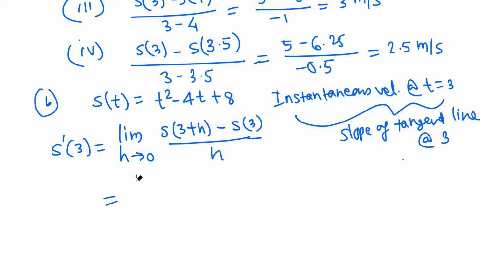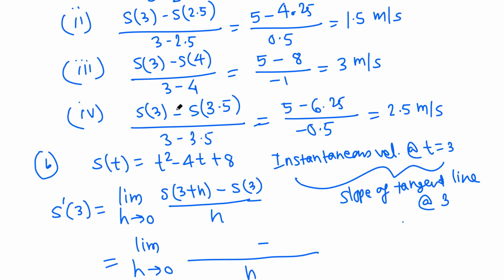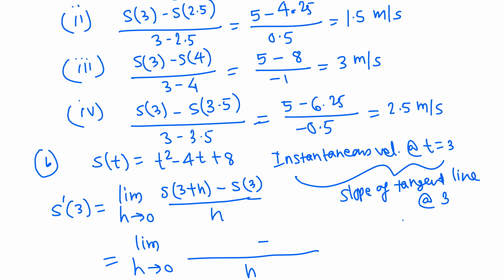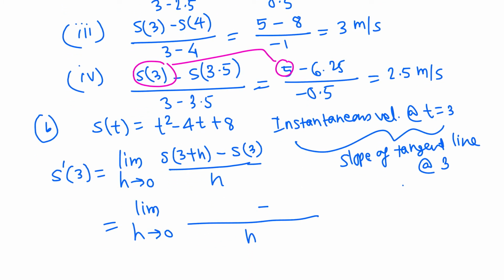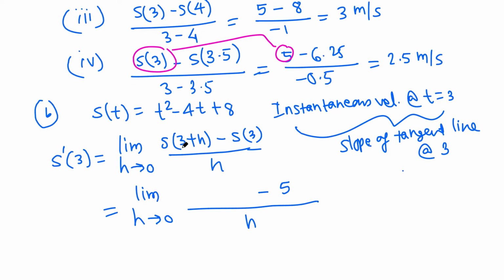Now we're going to evaluate this limit. It's the limit as h goes to 0 of s(3 plus h) minus s(3) over h. We've done s(3) several times using our calculator; it came out to be 5. But s(3 plus h) is not a number because we have h.